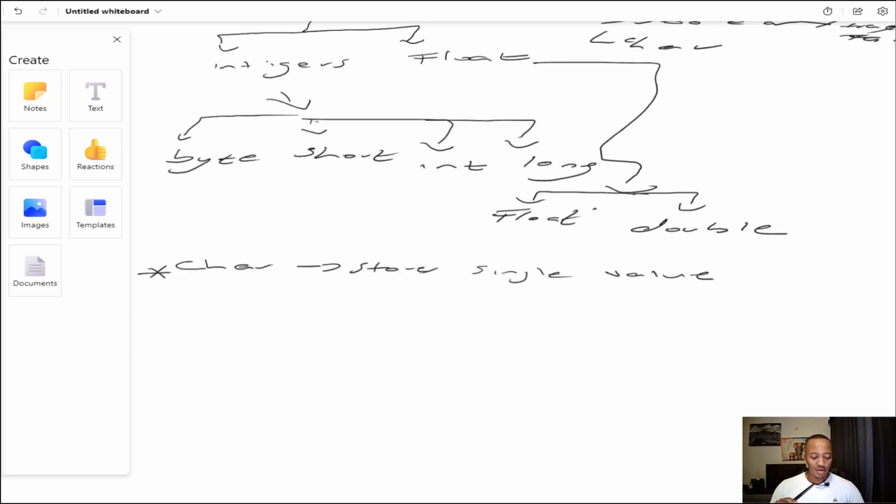Can be your alphabet, can be your numbers, can be your special characters, your ampersands, your full stops, and all of that. Then you have your byte. This one stores from -128 to positive 127.